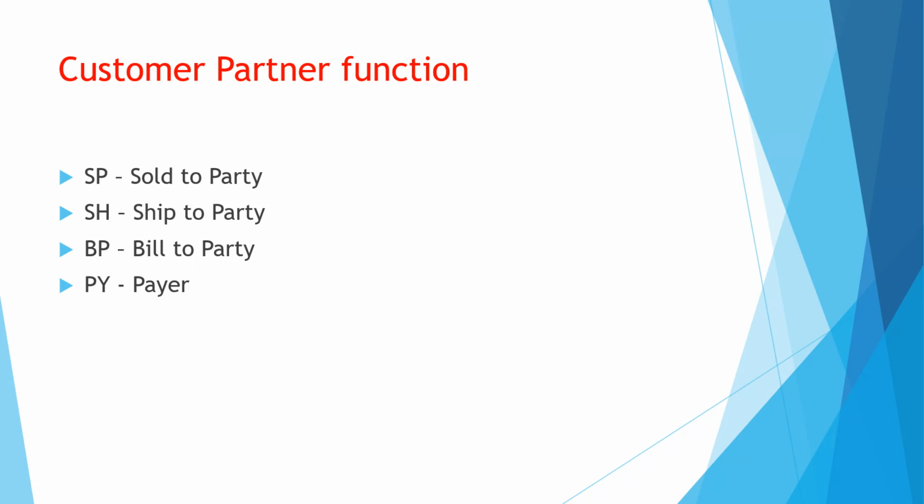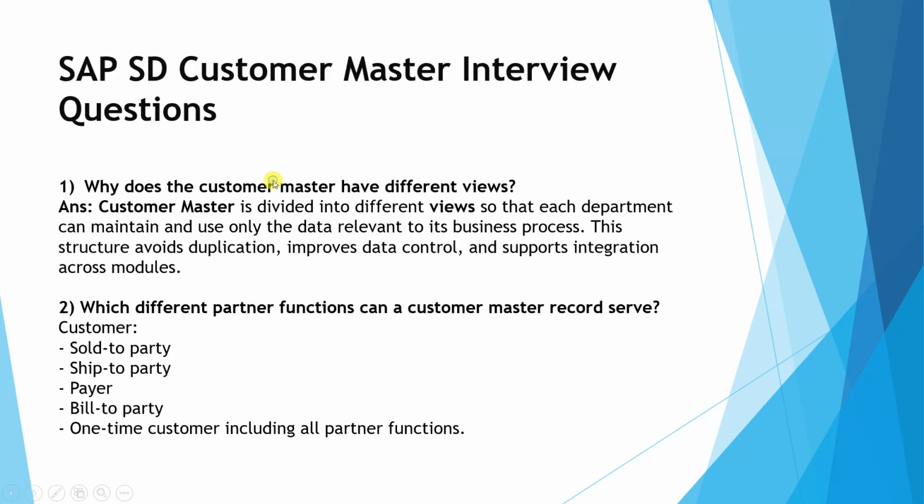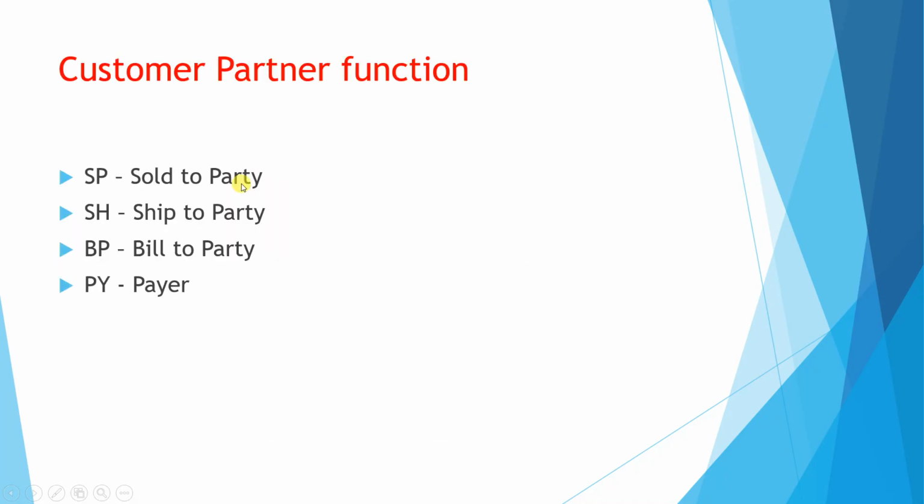You are the sold to party for the company. Next, suppose you place the order to some other location, not your location. The shipment will go there and be delivered to that address.